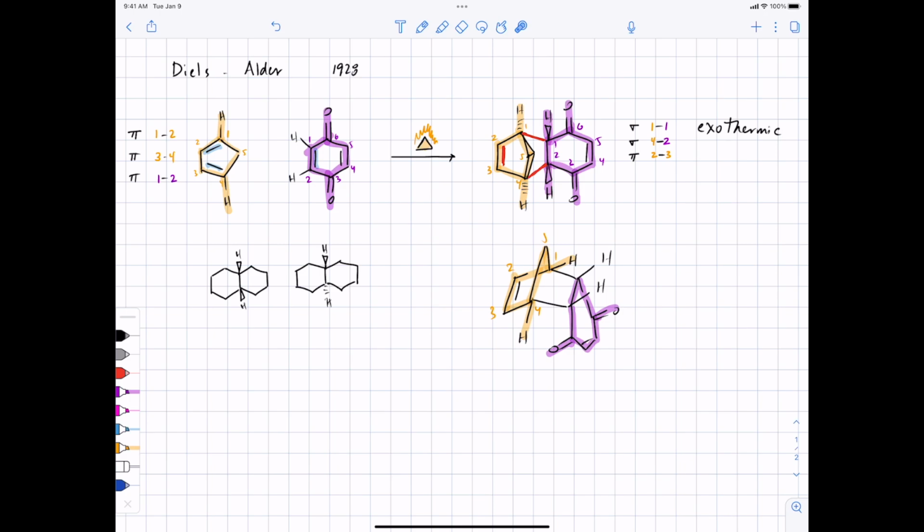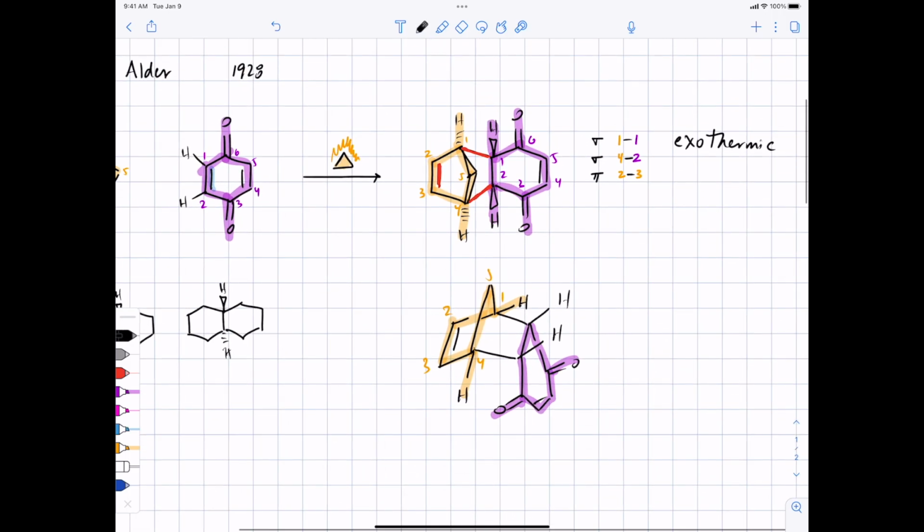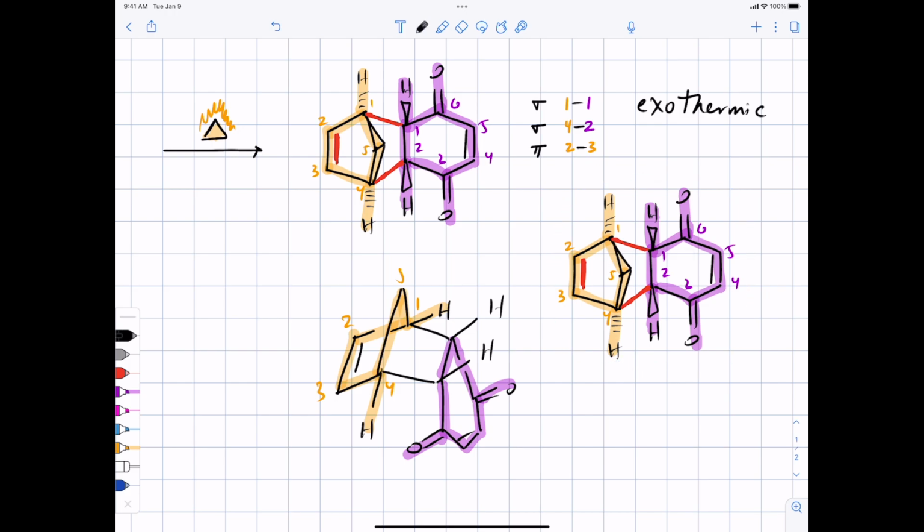Is this the only product that comes out of this reaction? This was certainly the major one, though you can imagine a stereoisomer that would follow all of the connectivity rules. This was major.